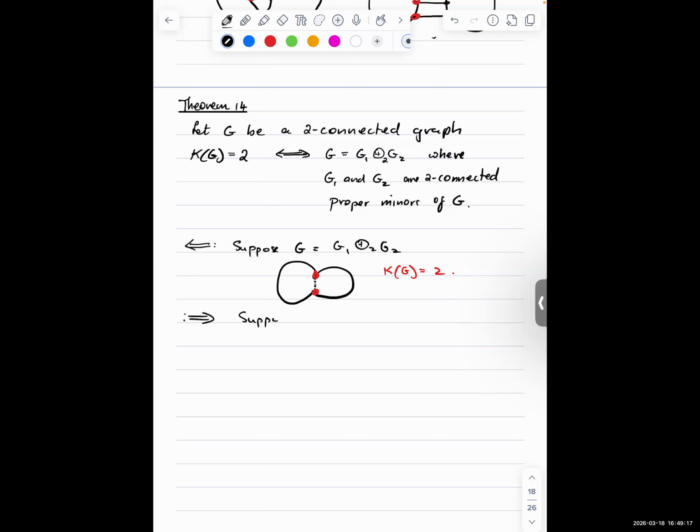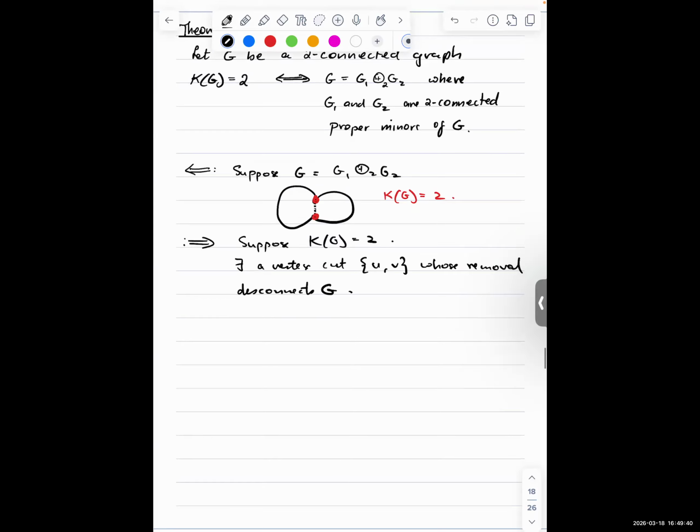Suppose kappa G equals 2, right? Which means there exists a vertex cut UV whose removal disconnects G. Good? Okay. So let's get a picture going. Actually, I need a little bit more.